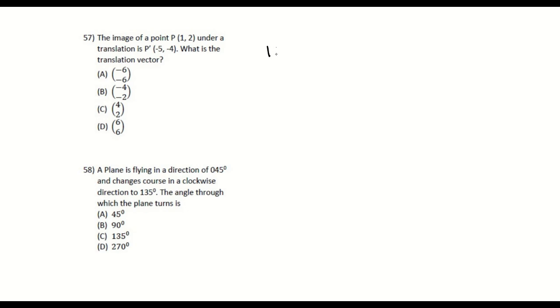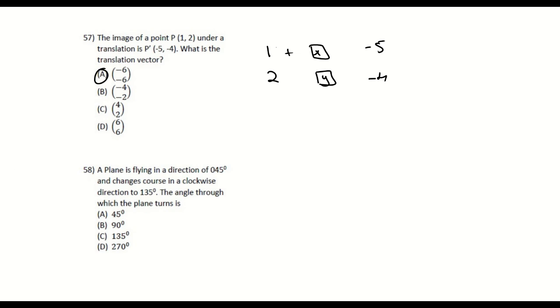So that is 1, 2 plus x, y in your translation would give you minus 5, minus 4. Let's put x and y. So 1 plus x is minus 5. So 1 plus negative 6 will give you minus 5. And 2 plus also negative 6 will give you minus 4. So the answer is E.